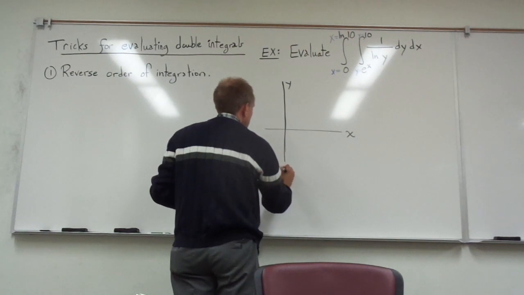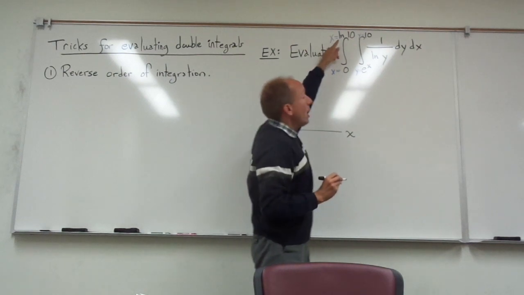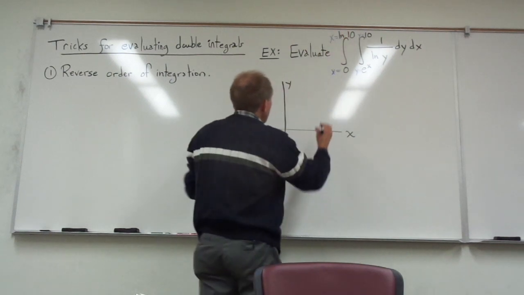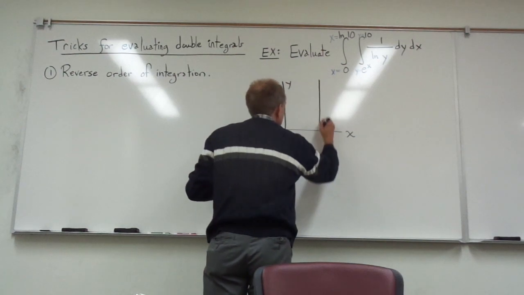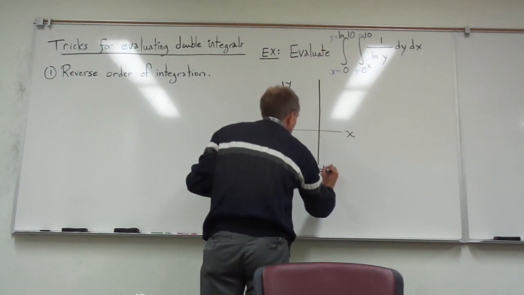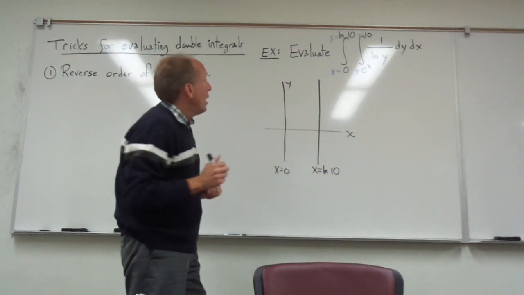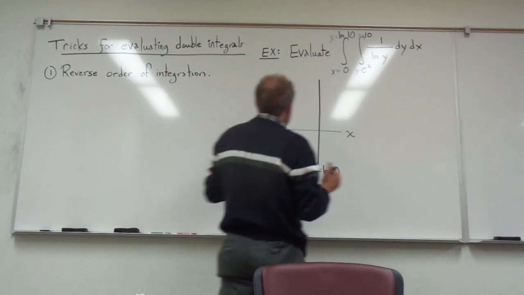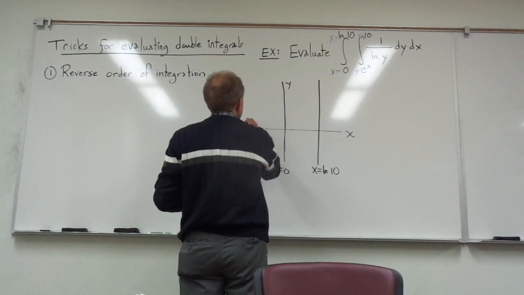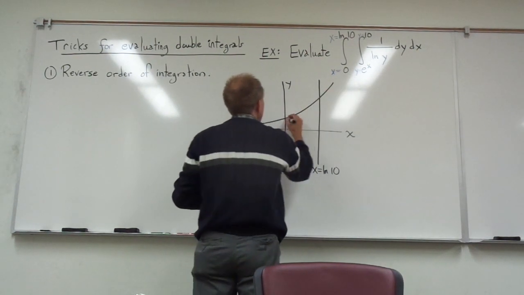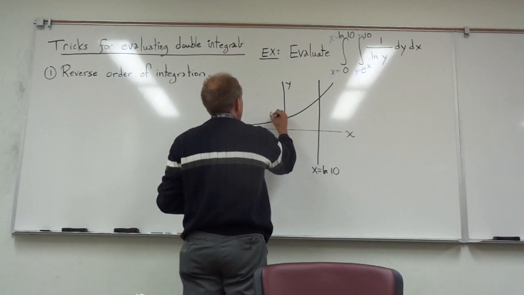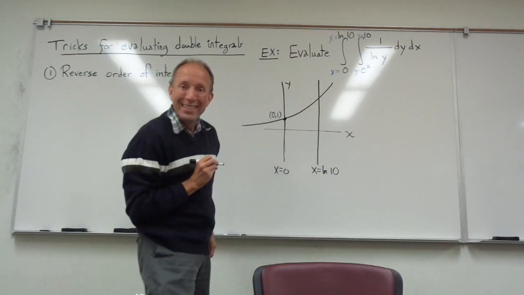The upper limit is x equals the ln of 10. That's also just a vertical line. So we have those two vertical lines. Then I have y equals e to the x, which is a graph something like that. It goes through this point right here, which is (0, 1).